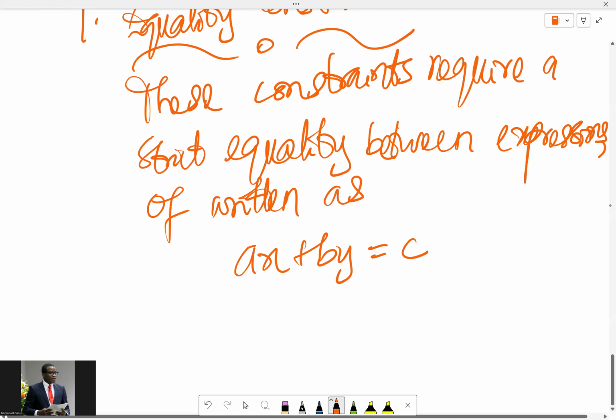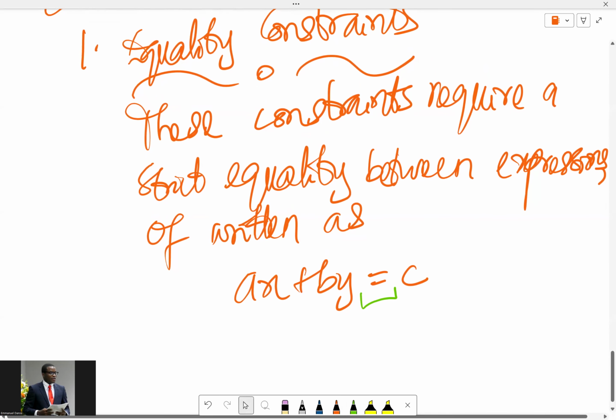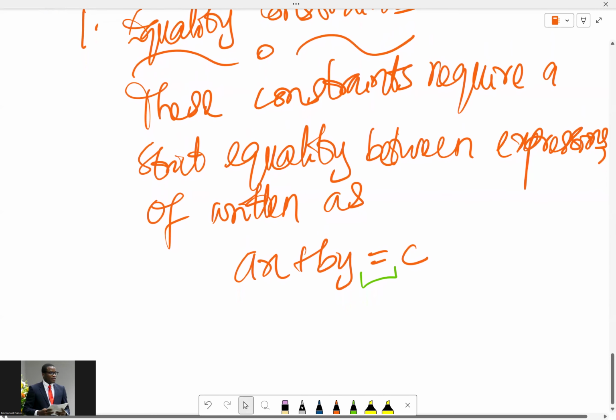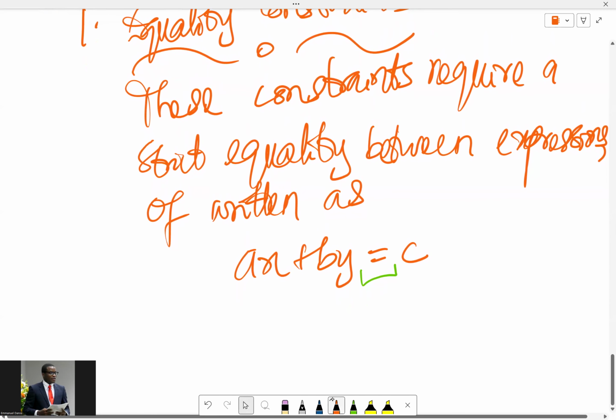So this is exactly why it is called equality constraint.